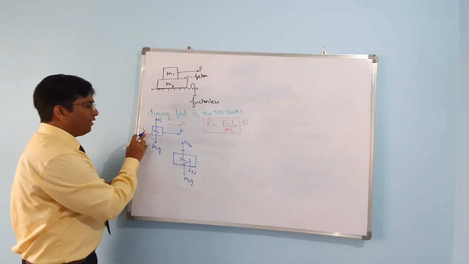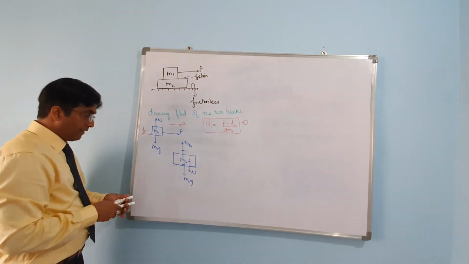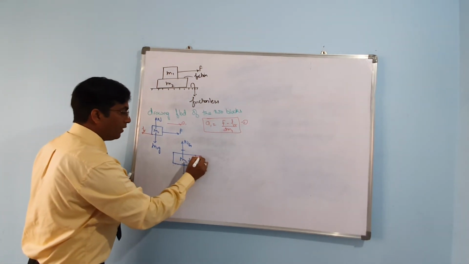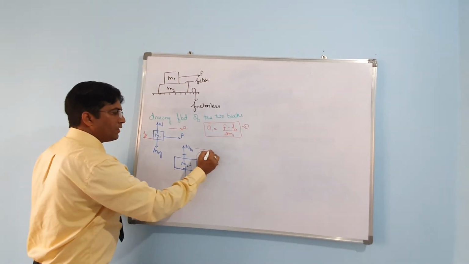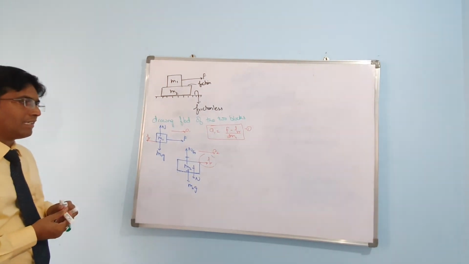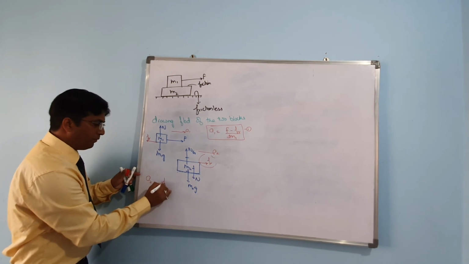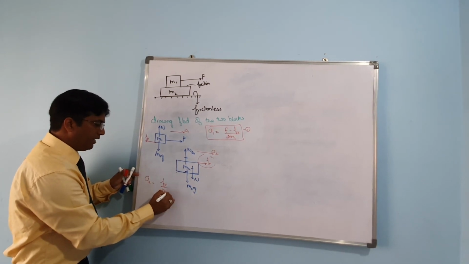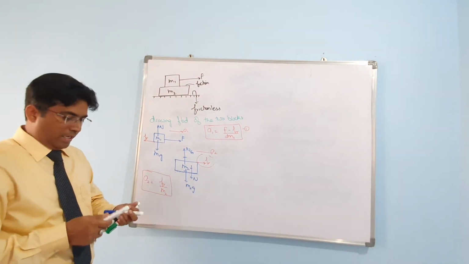Besides, there will be a reaction of this frictional force on block mass m2 that will be acting somewhat like this. It is because of this force that this block is going to move to the right with an acceleration a2, and I can write a2 equal to Fr by m2. These are the accelerations.